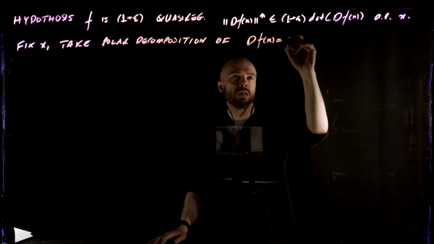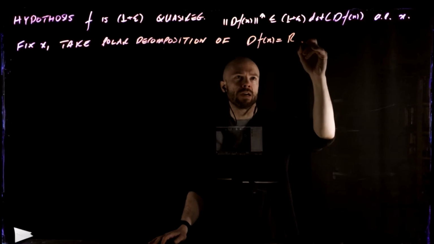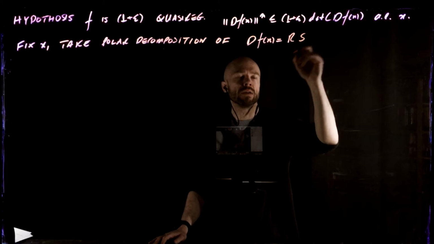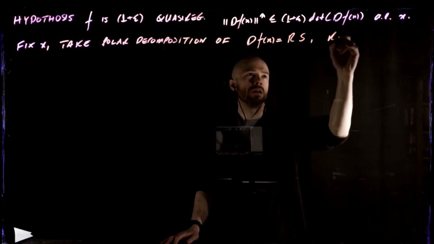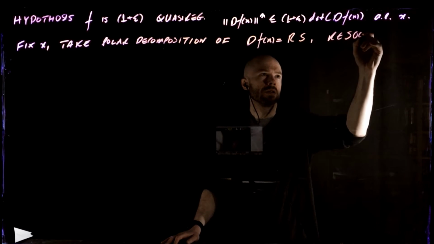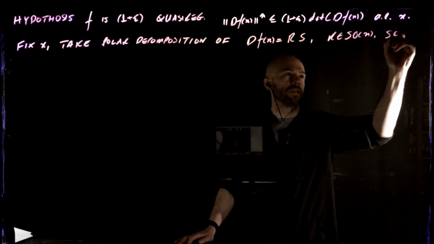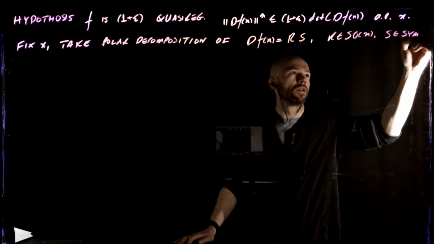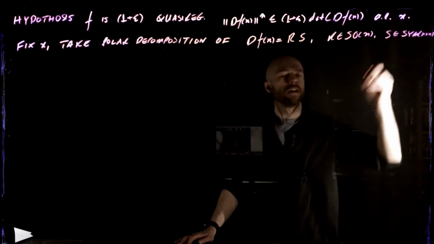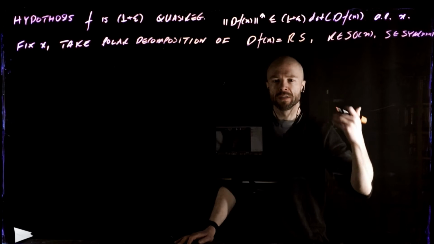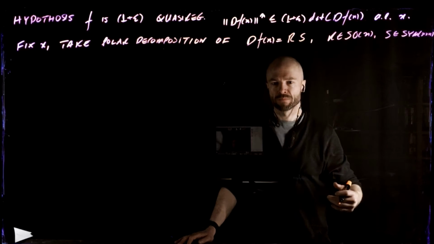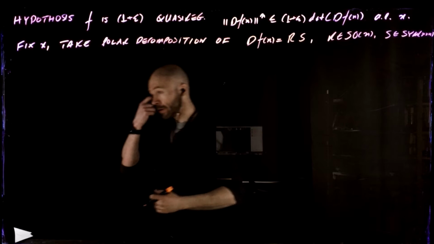So it's going to be some rotation matrix R and then some symmetric matrix S. R is a rotation, and S is in the symmetric n by n matrices, and it's positive definite symmetric, so all the eigenvalues are non-negative. Okay, so this is the polar decomposition.